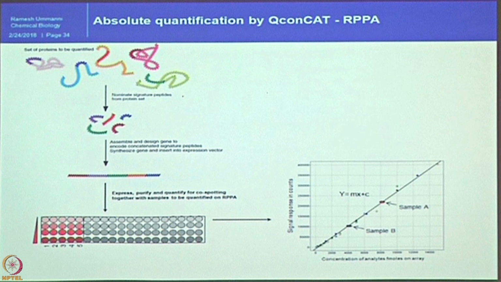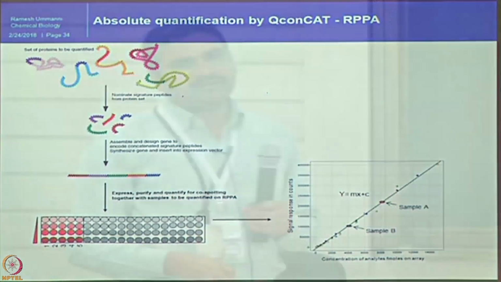You can extrapolate the signals of samples, for example A and B, on this plot and calculate the concentration exactly. If you know the number of cells you have taken to prepare sample B, you can also say that this many copies are present for this many cells. This is a way you can quantify.